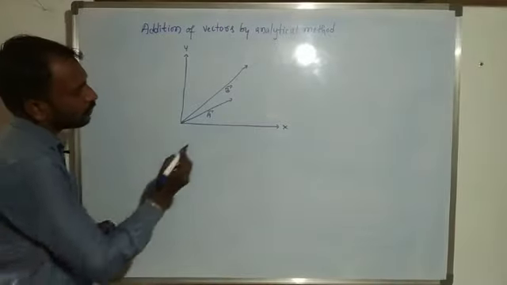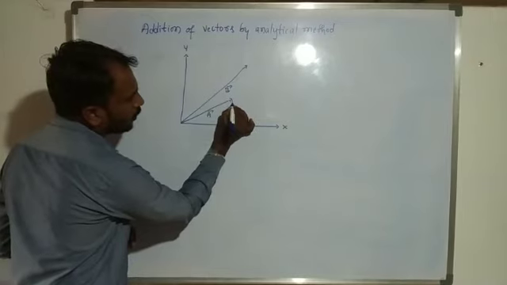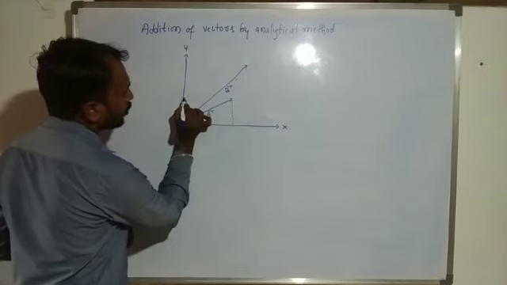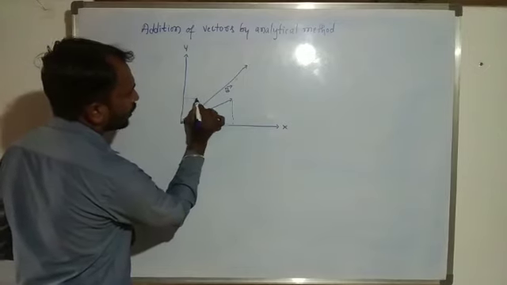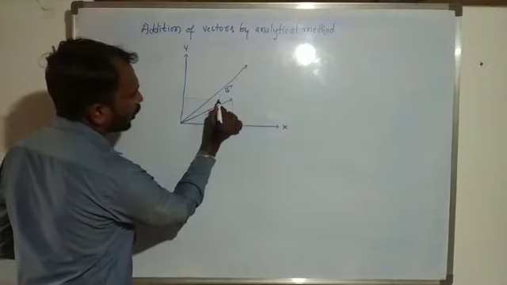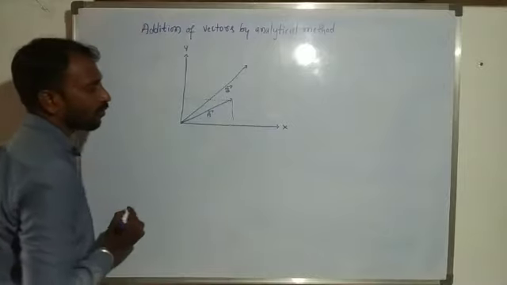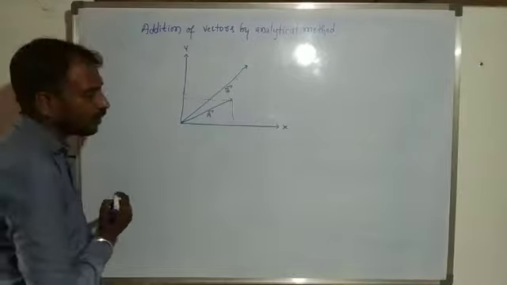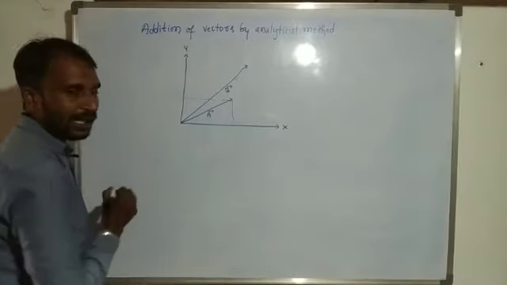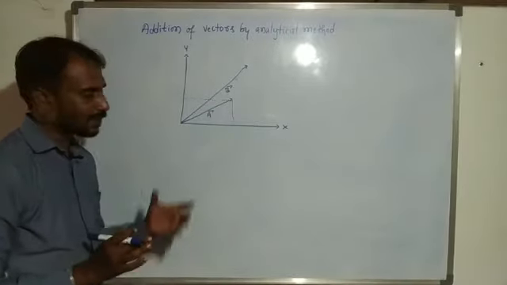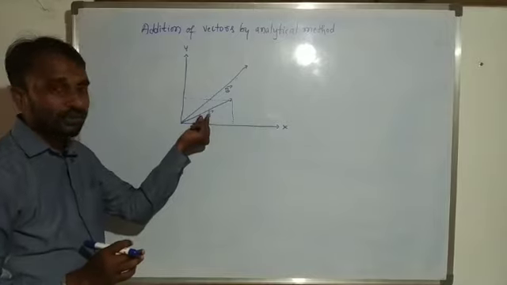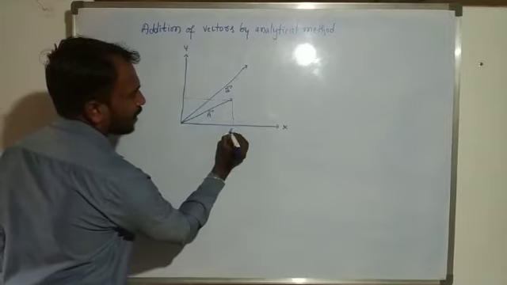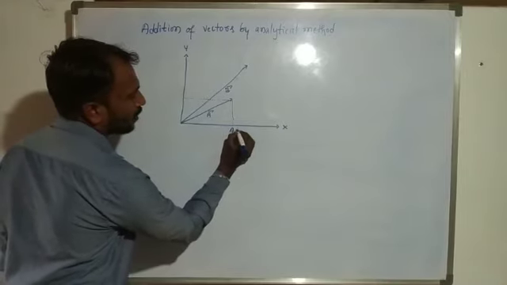Suppose we consider the components along the x-axis and y-axis. This one is vector A. The component of vector A along the x-axis is Ax i cap.